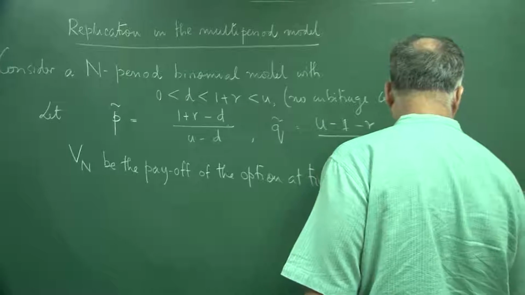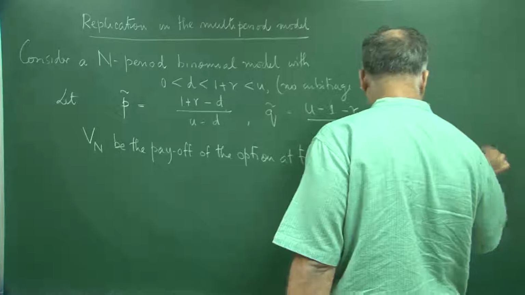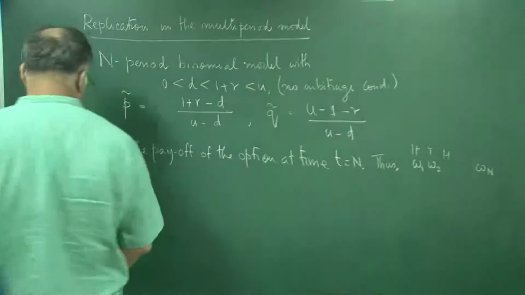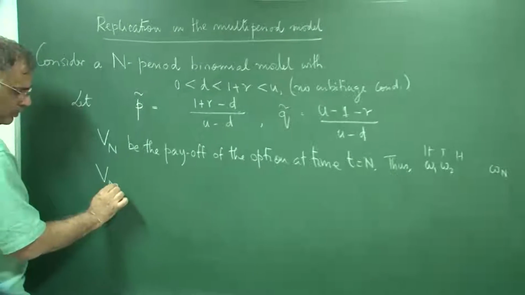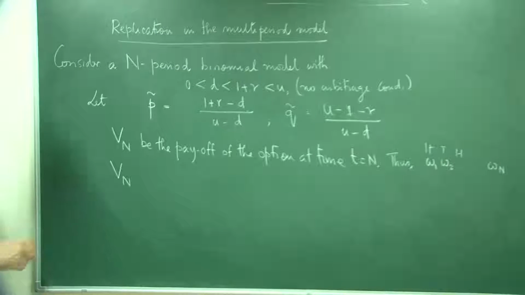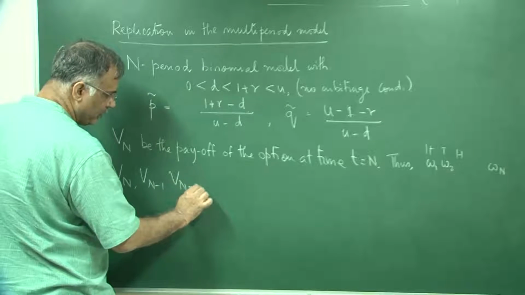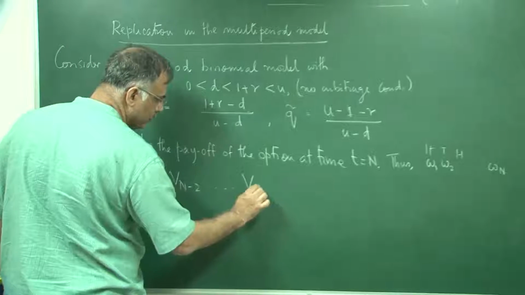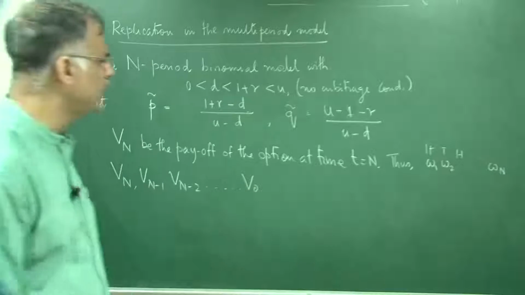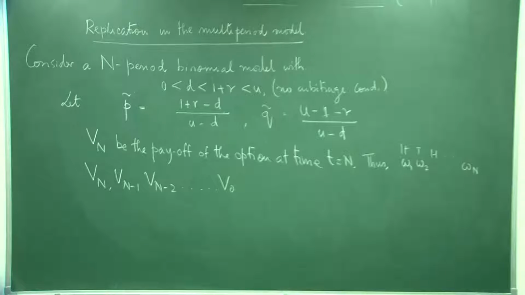This could be head, tail, tail, head, like this. It could be head, tail, head, right. So, basically you will start with Vn, which would be equal to Xn, the worth of your portfolio at time n, go to Vn minus 1, Vn minus 2, and recursively go down to V0. This is exactly the way dynamic programming is done. You are going recursively back to V0, right.